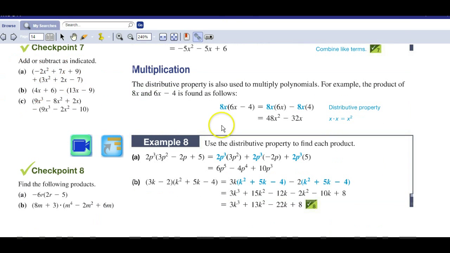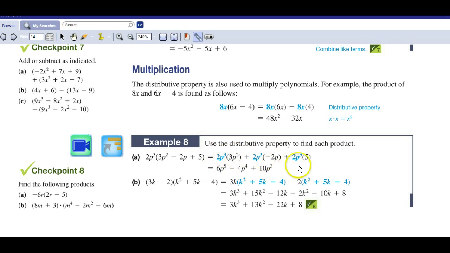So now notice they're getting this a little more complicated because we're using the distributive property now to find each product. We're going to multiply this monomial by this trinomial. So in a sense, this is multiplied by each term within the parenthesis.